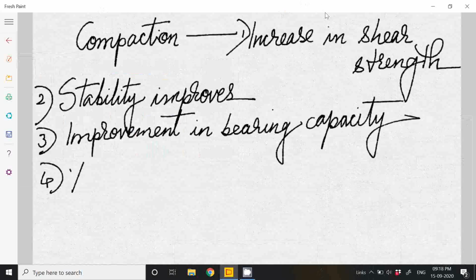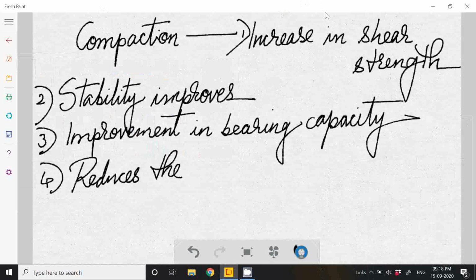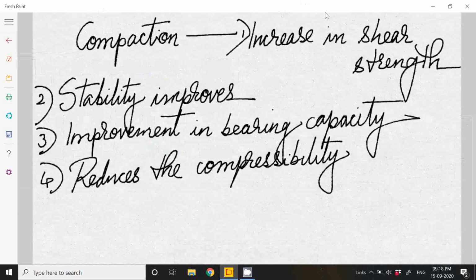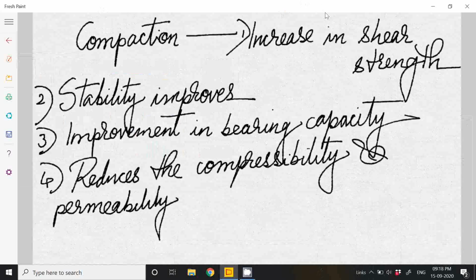It means the soil will not undergo more volume change.